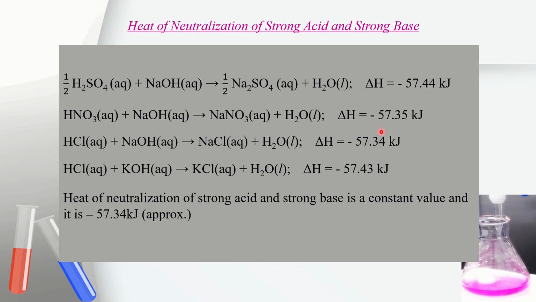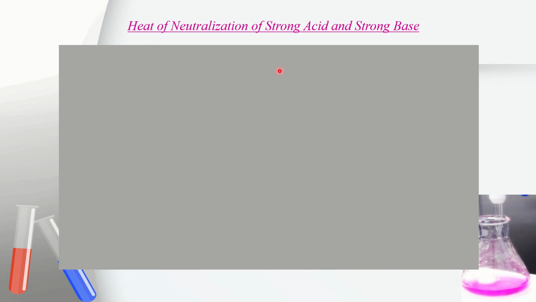That means the heat of neutralization of strong acid and strong base is a constant value, minus 57.34 kilojoule. Now, why is this heat change a constant value? Heat of neutralization of strong acid and strong base is always minus 57.34 or near about minus 57.34. Why?